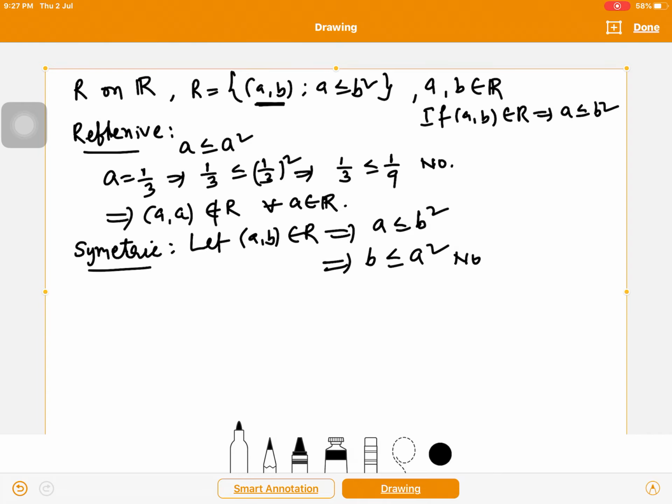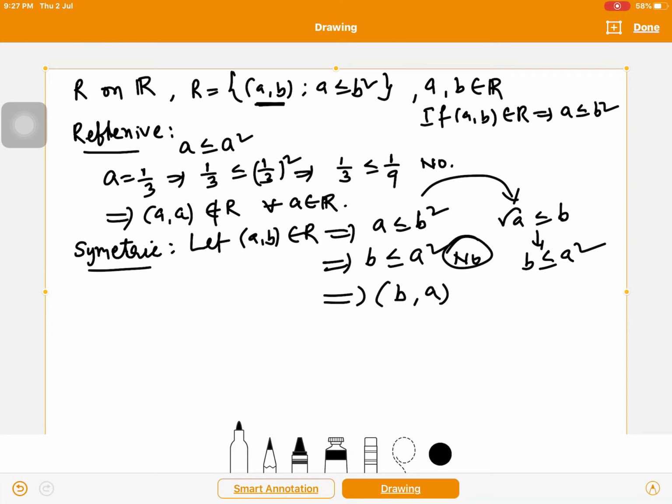No, because a less than or equal to b square means root a is less than or equal to b, and this implies b less than or equal to a square is not at all possible. Why am I writing b less than or equal to a square? Then only (b, a) belongs to R. But whenever it is not possible, (b, a) does not belong to R. Therefore, R is not symmetric.